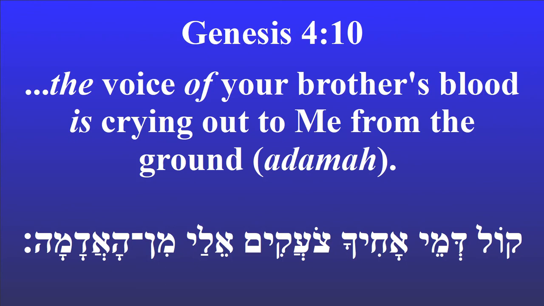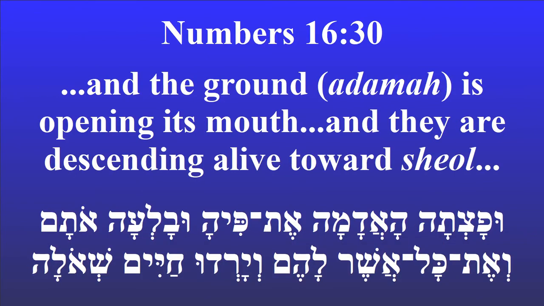This obviously could be metaphoric in some sense, but the exact degree of what is metaphoric could be questioned. We might connect it to Leviticus 17:11 or Deuteronomy 12:23 regarding the blood, and to Numbers 16:30, which talks about Adamah opening its mouth and causing people to descend toward Sheol.